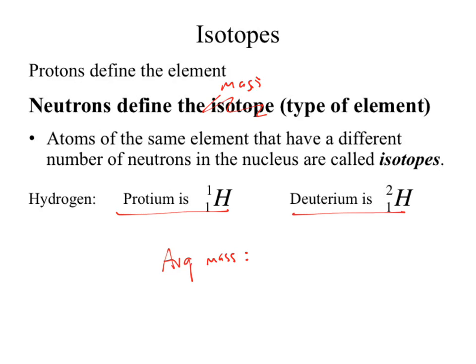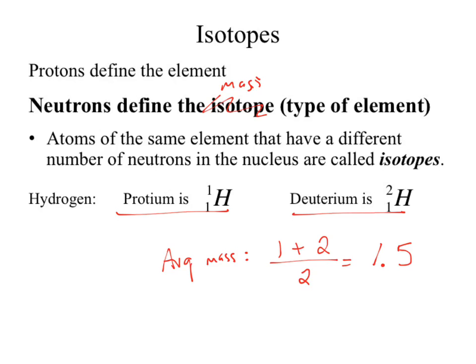So we would take 1, being the mass of protium, plus 2, being the mass of deuterium, and we divide by? Why do we divide by 2? There's 2 of them in our average. And we would get a mass for hydrogen being 3 over 2, also known as 1.5 AMUs.